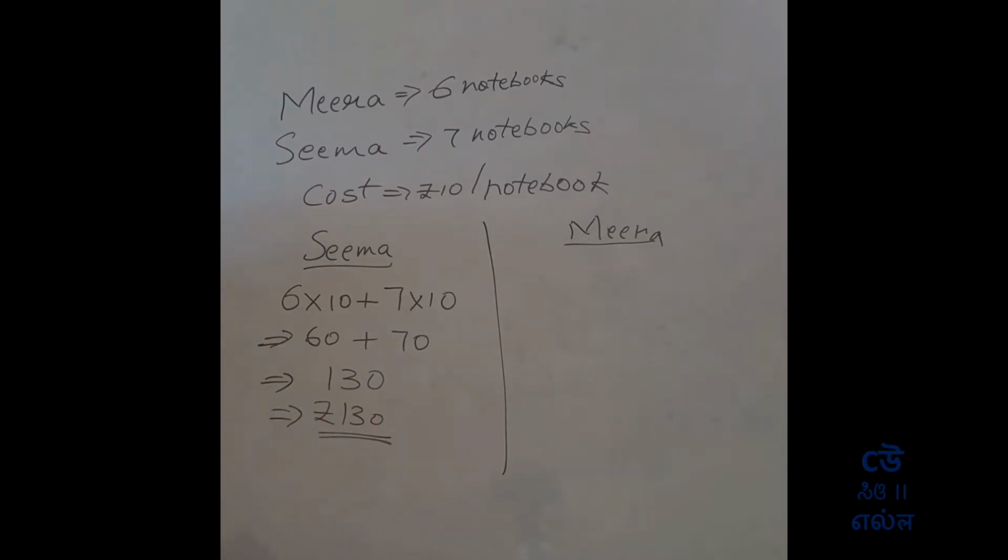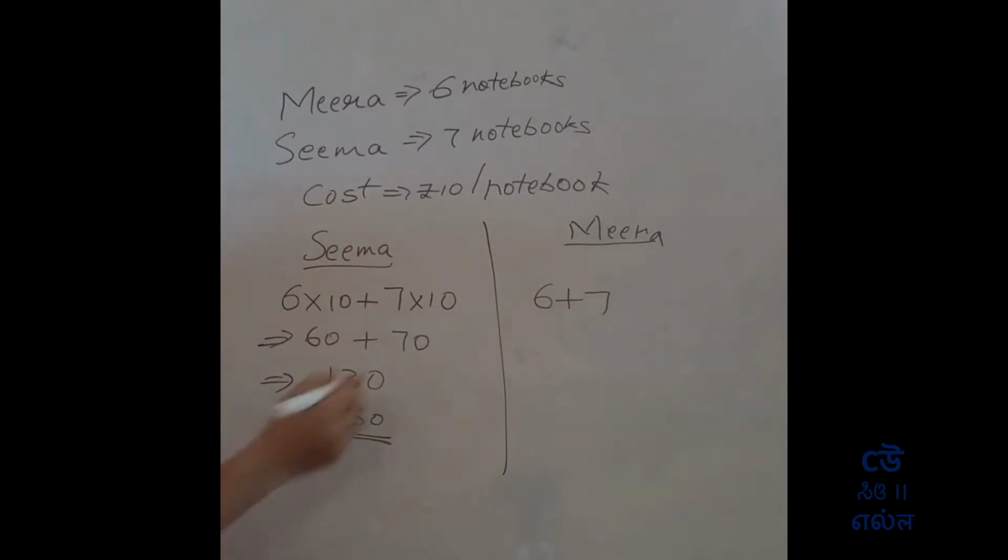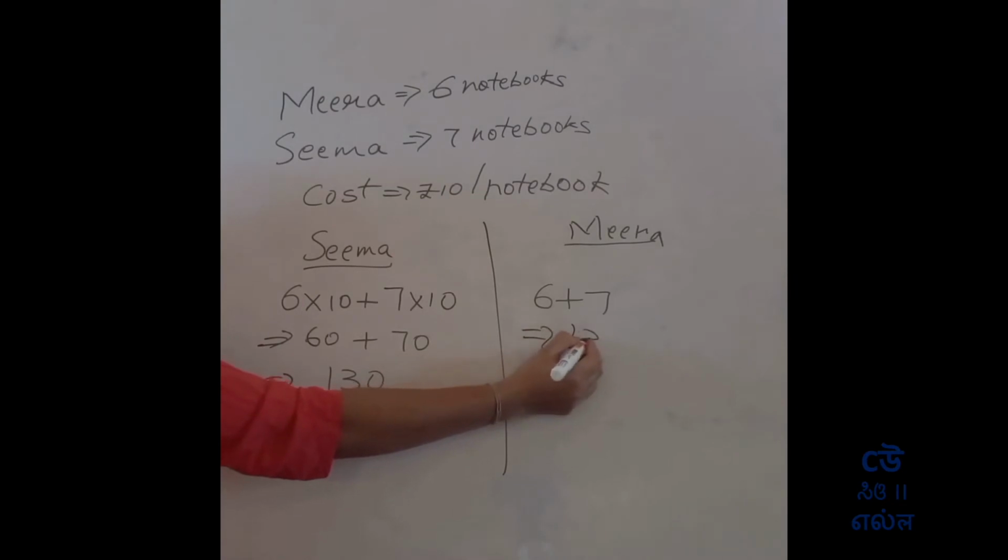How did Meera calculate the amount? Let us see. She counted the number of notebooks they bought together. So 6 plus 7. They bought totally 13 notebooks, right?